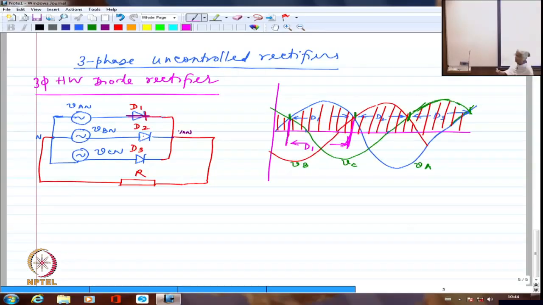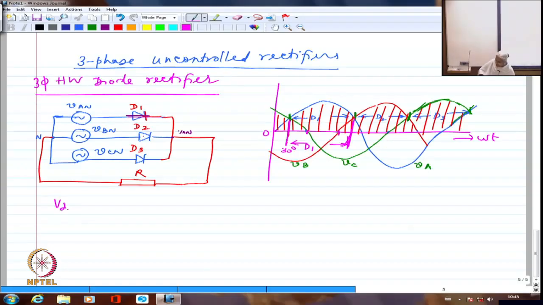So I can simply say, if I assume this to be 0 of omega t, this point is 30 degrees, because I told you that I had already divided everything into 60 degree intervals. And 30 degrees is pi by 6.